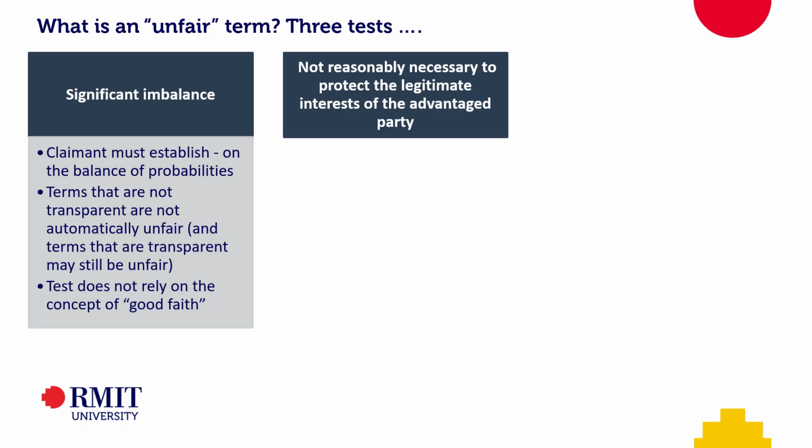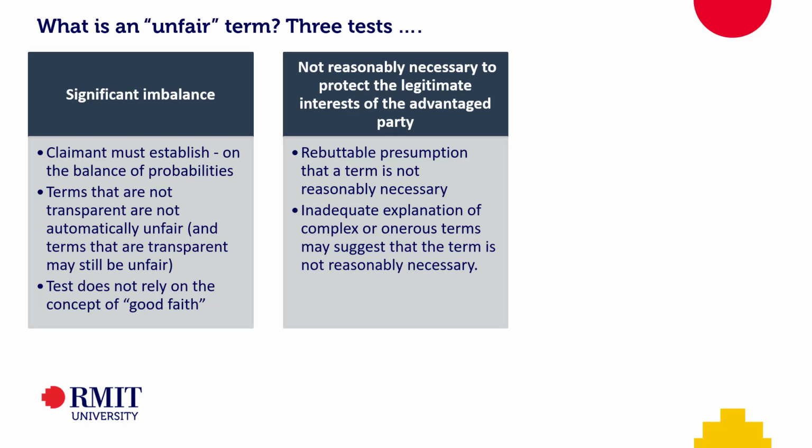The test also needs to be not reasonably necessary to protect the legitimate interest of the advantaged parties. So the onus will then be on the provider or the person who has the benefit of the clause to demonstrate that it is within their legitimate interest.